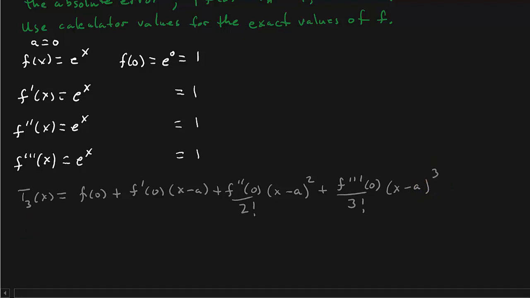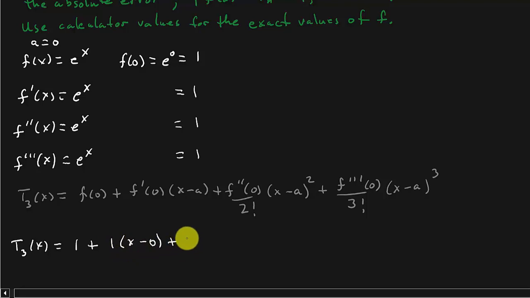And now we just plug everything in. So that's t3 of x is equal to f of 0, which is 1, plus 1 times x minus 0, plus 1 over 2 factorial, which is 2, and remember f double prime of 0 is 1, times x minus 0 squared, plus f triple prime of 0 is 1 over 3 factorial, which is 6, times x minus 0 cubed.